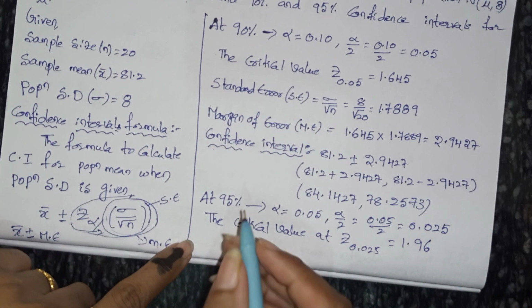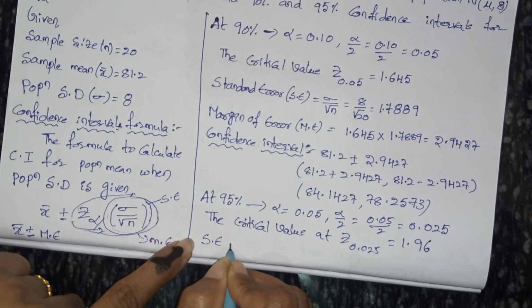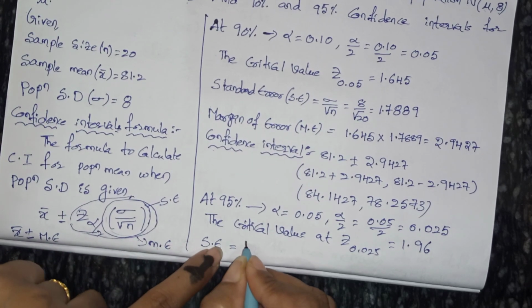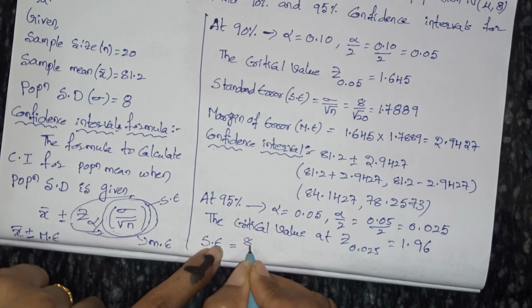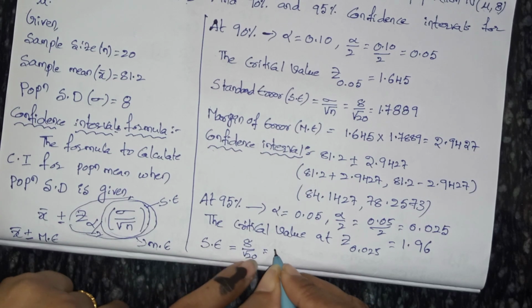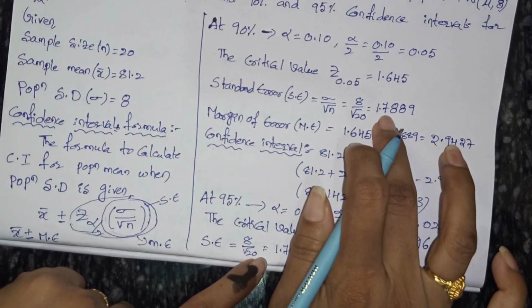Now what we have to calculate is standard error, SE. What is the standard error formula? We all know that sigma by root n is the standard error formula. So sigma is 8 by root 20. How much is this answer? 1.7889. Why? Because we calculated it before.